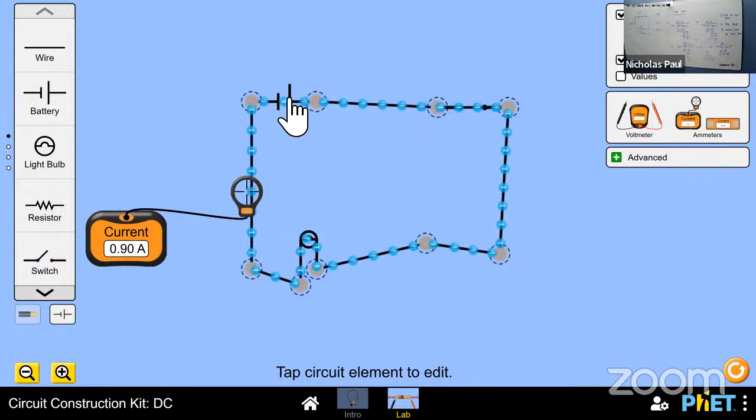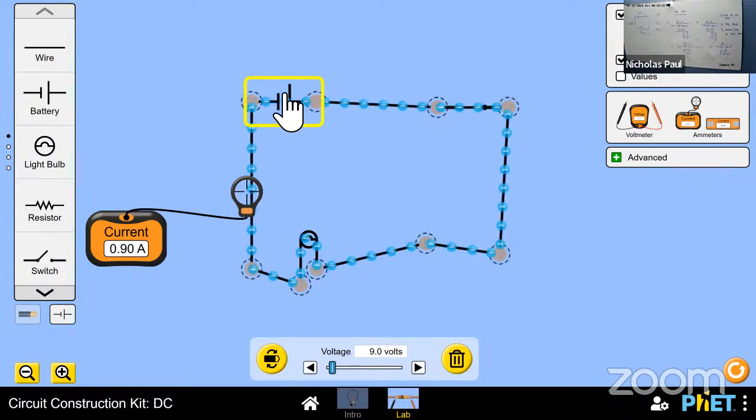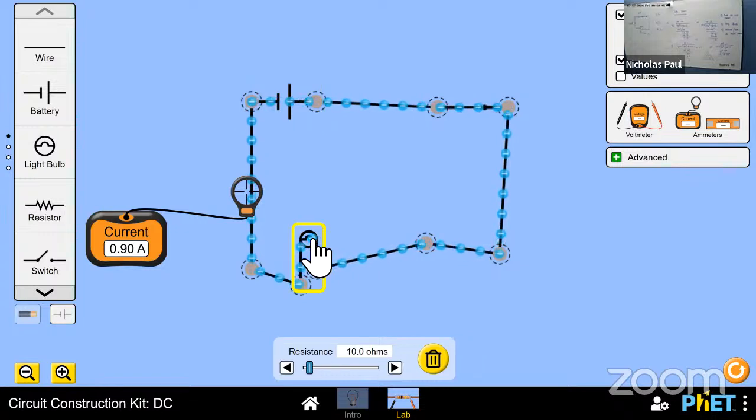Right? This one again, voltage 9 volts. Current 0.9 amperes.